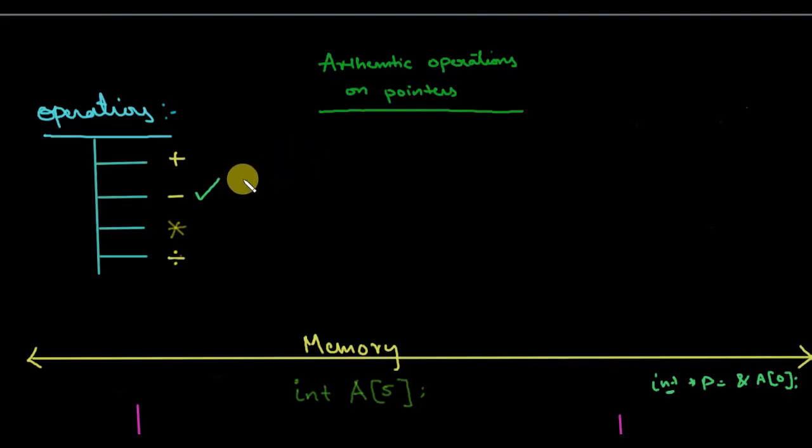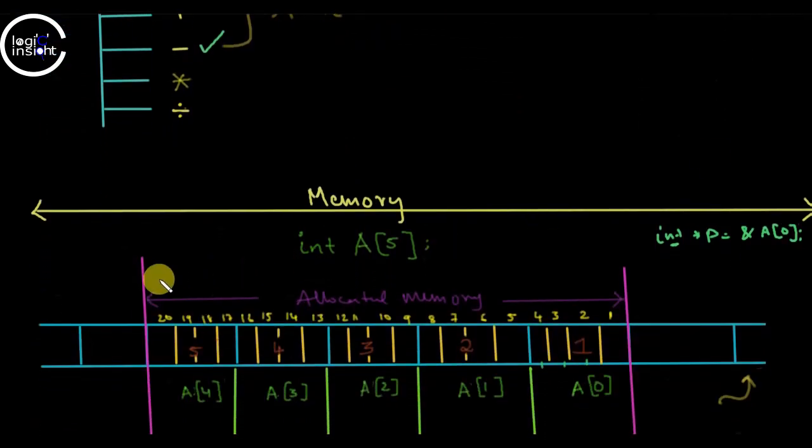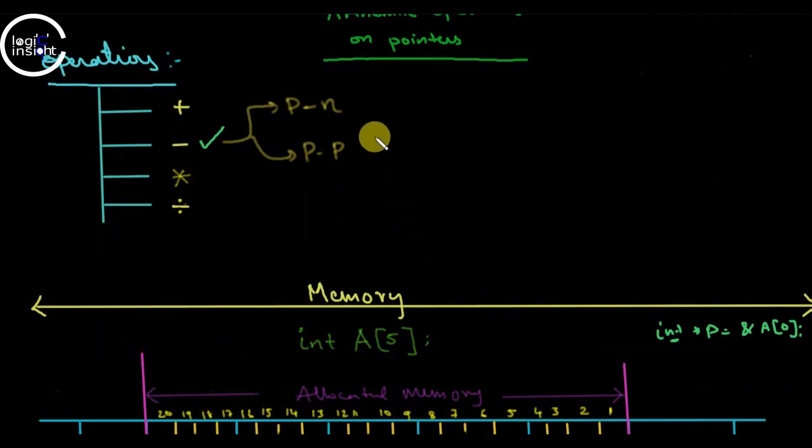What we have learned in subtraction is, in subtraction operators, if I subtract n from it, where n ranges over any value, we have to make sure that it should be in this range only, okay? If I subtract some value and it is beyond the range, then we can see unpredictable behavior, okay. And the next case is, if I subtract a pointer from a pointer of the same type and same array within this range, then it is also legal, right?